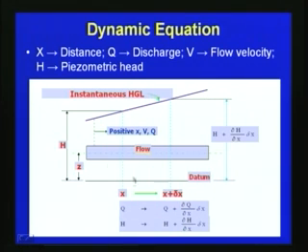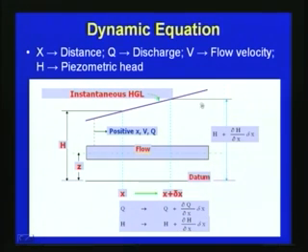Here we consider two sections: section 1 at a distance x from the origin, where the discharge is q and the head is h, and section 2 at a distance x plus delta x, where the discharge changes to q plus del q by del x into delta x, and h changes to h plus del h by del x into delta x.